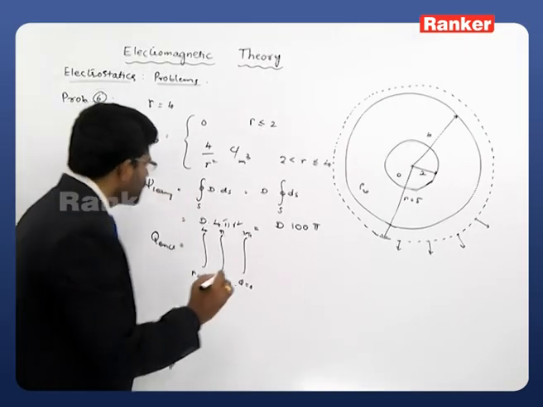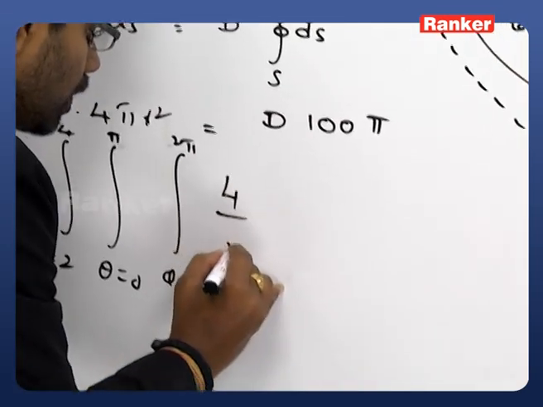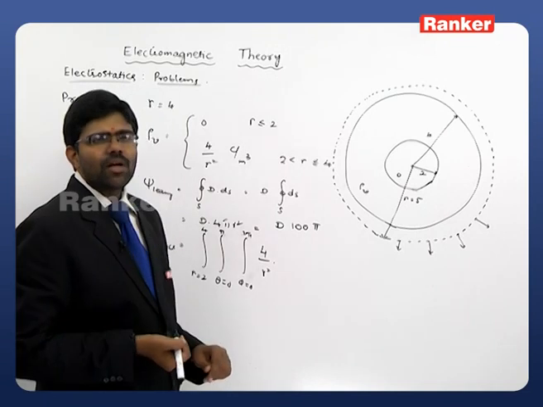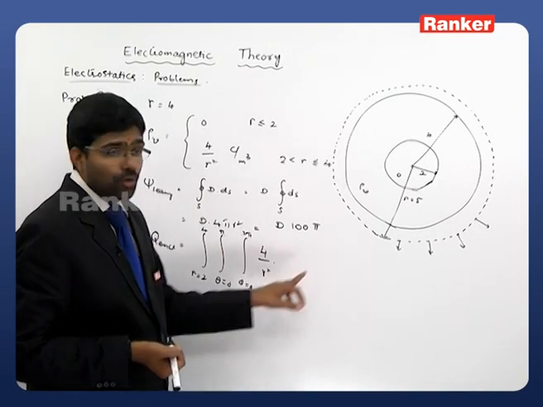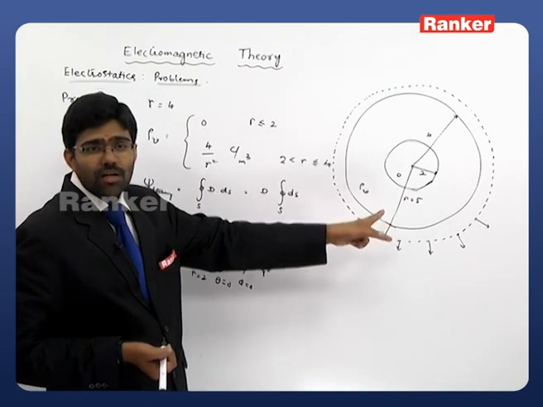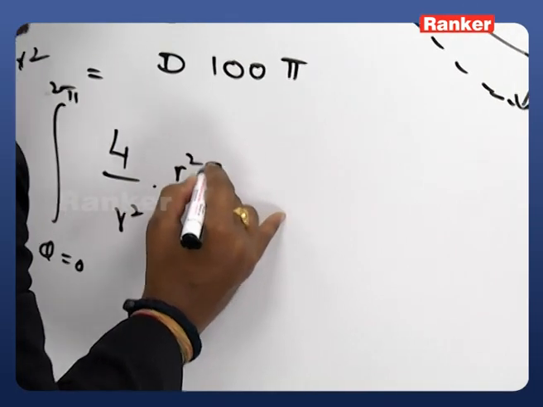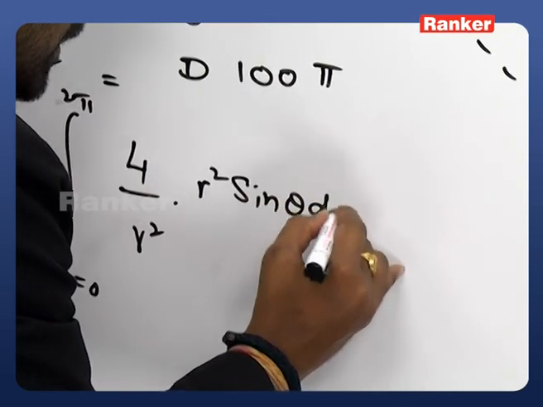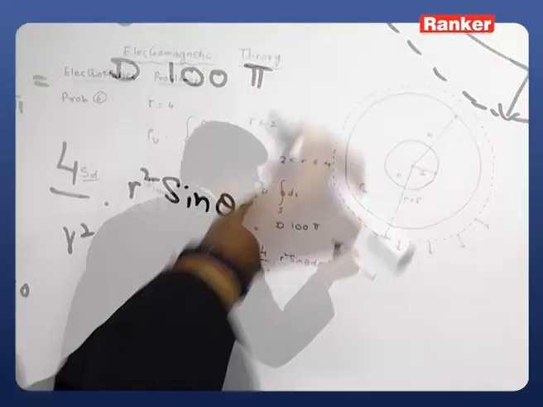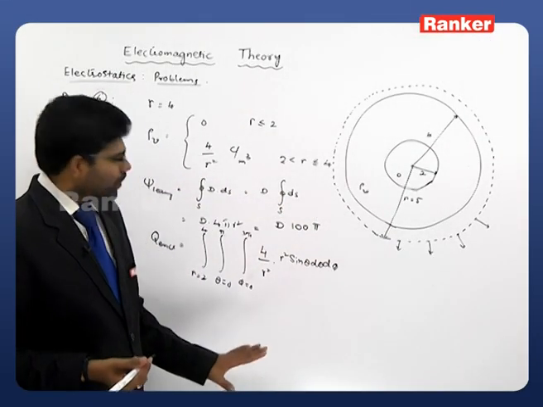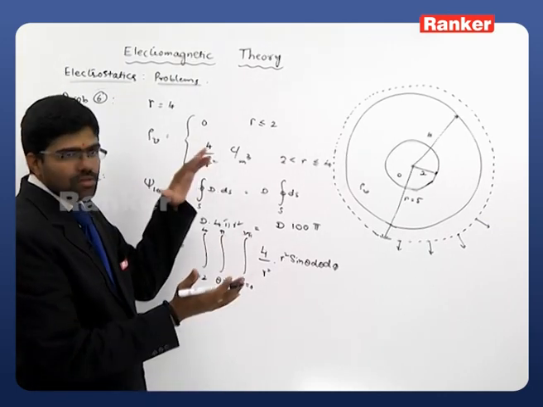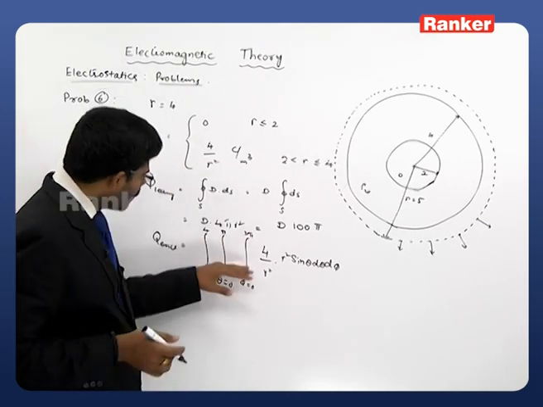And what is the volume charge density? 4 by r square multiplied with its dV, the differential volume. In our previous problem we went through that. The differential volume expression is r square sin theta dr d theta d phi. So once again we are calculating the total charge enclosed within that Gaussian sphere. Now simplify this.